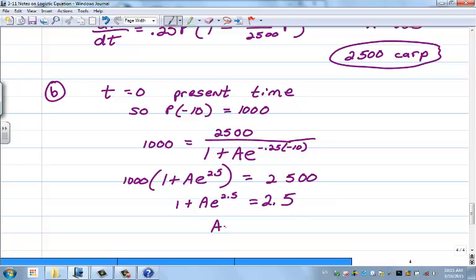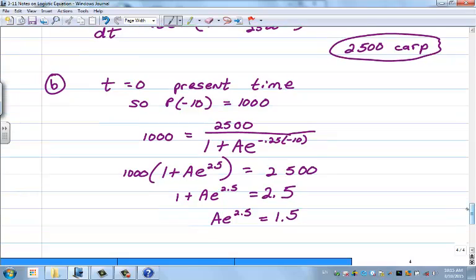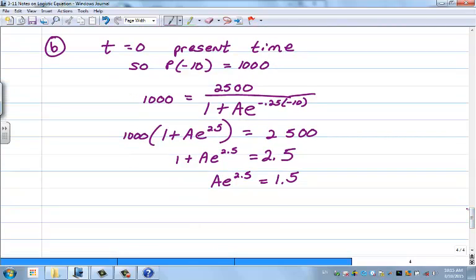So A e to the 2.5 is equal to 1.5, and then we just say A is equal to 1.5 over e to the 2.5. So that's our A, which is equal to 0.123127.